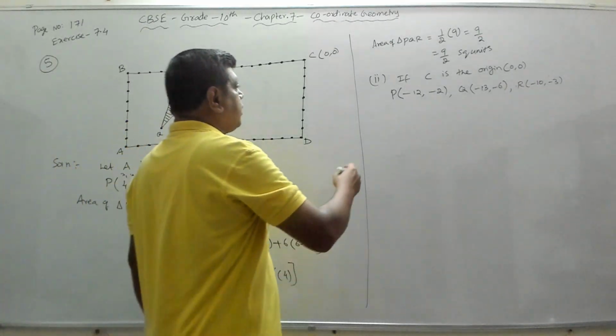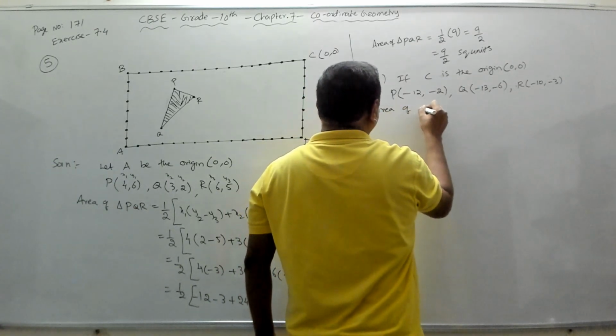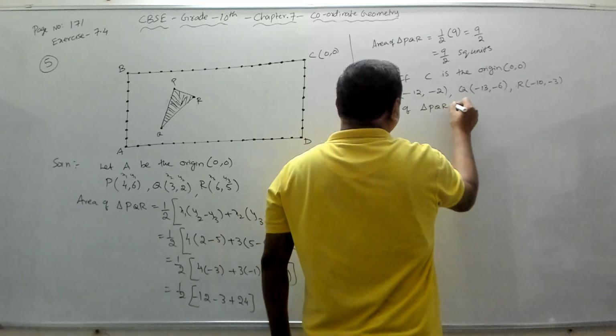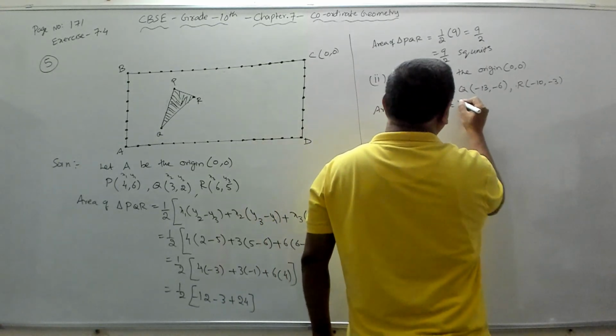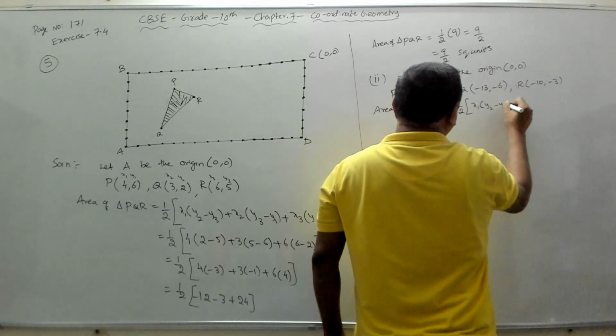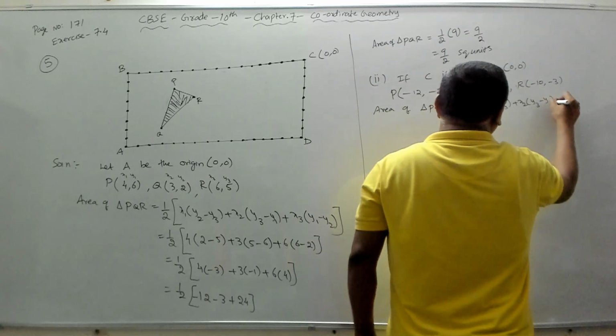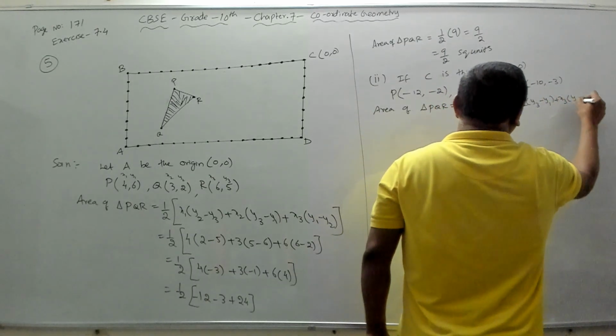Now we have to find the area of the triangle PQR. Again we will substitute into the area of the triangle formula: half of x1 into y2 minus y3 plus x2 into y3 minus y1 plus x3 into y1 minus y2.